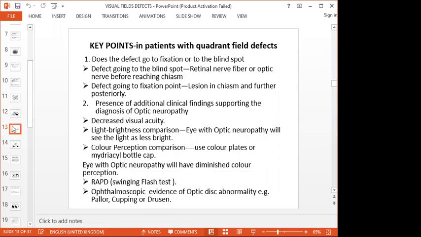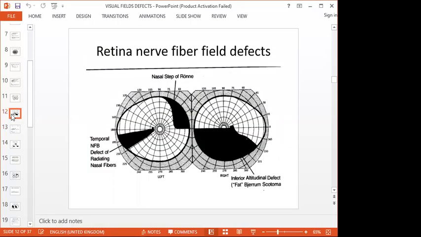Key points in patients with quadrantic field defects: does the defect go to fixation or to the blind spot? Which is the blind spot? The blind spot is where the fibers come out of the eyeball.